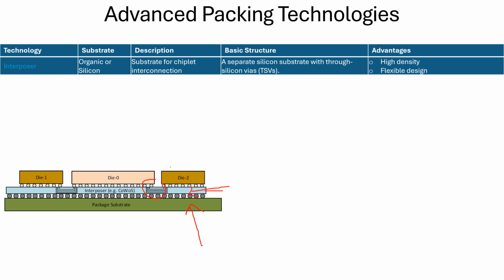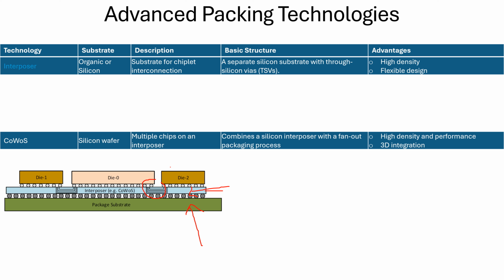How does interconnection happen? Through TSVs. TSVs are bigger, longer vias, unlike vias connecting M1 and M2. So the interconnection between two dies happens through TSVs. Of course, TSVs are generally vertical, but in this case the connection is happening both vertically and horizontally.